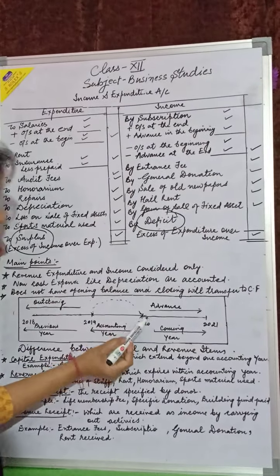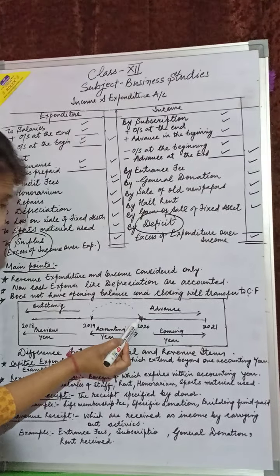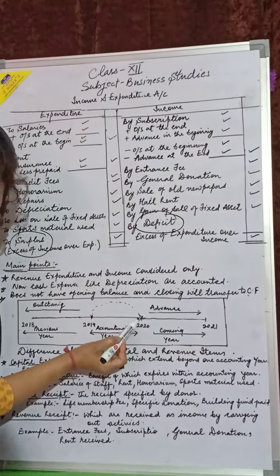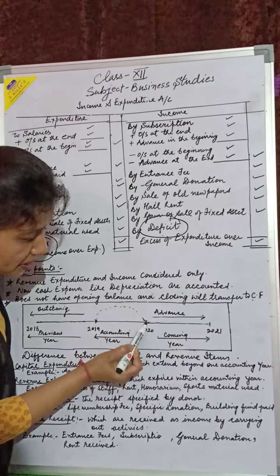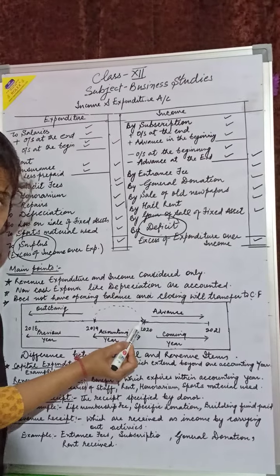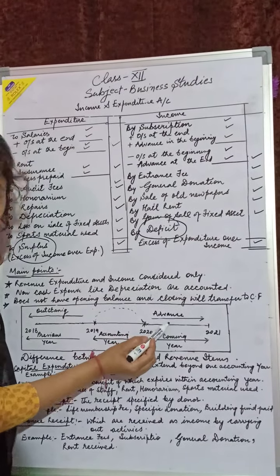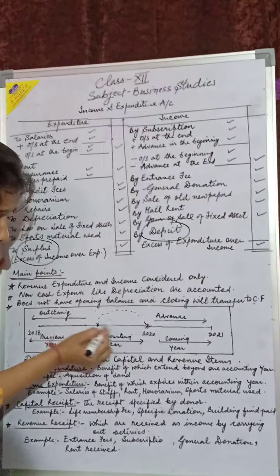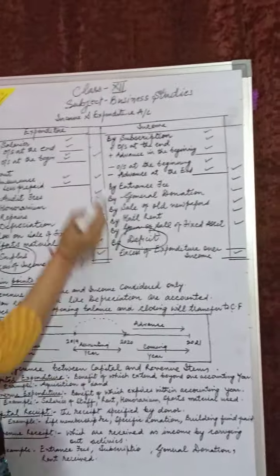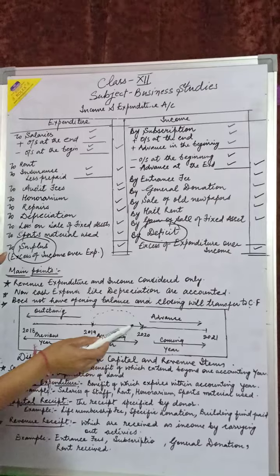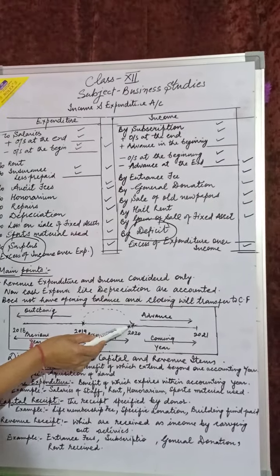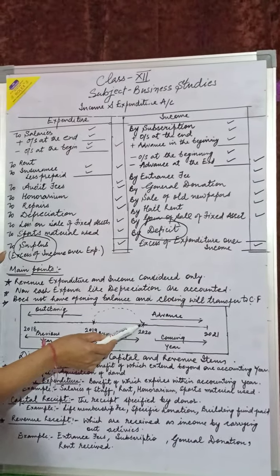If somebody at the end of your accounting year gives the advance subscription, it will be less because it is not related to this year. You can see here, you will minus the advance at the end. It means here your accounting year is going to end.